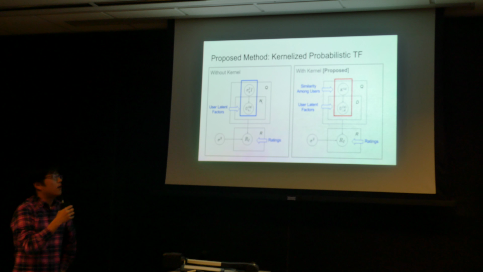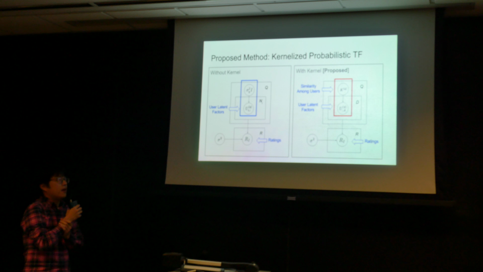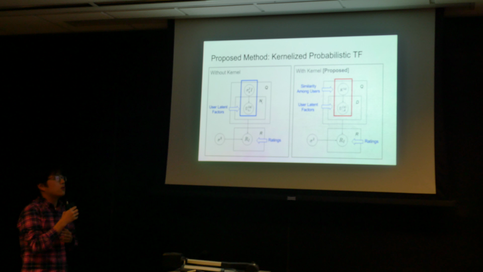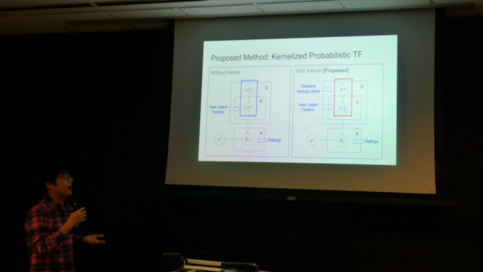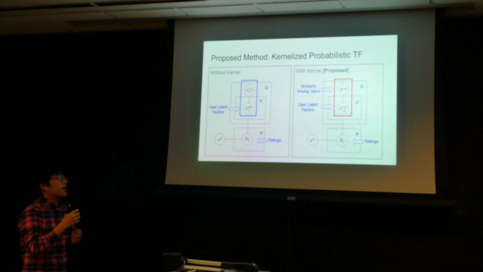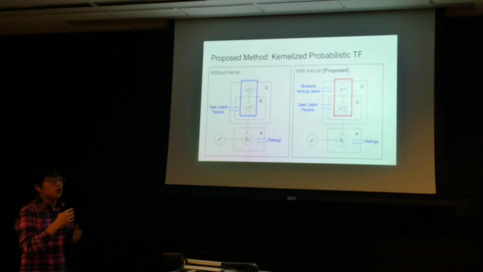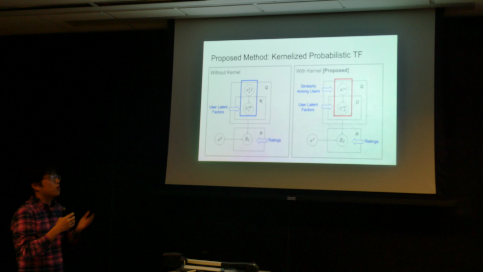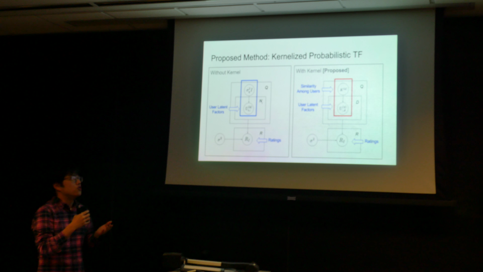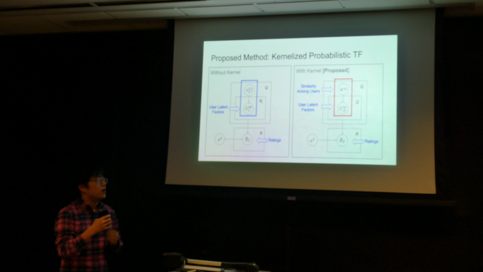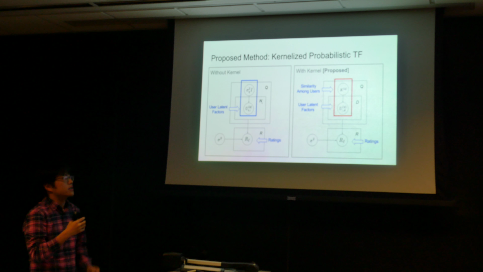One advantage of our method is that it can deal with the cold start problem. So let's imagine a new user without any rating data. In the previous method, we cannot estimate the latent vectors of the user at all. However, in the proposed method, we still can estimate the latent vectors of the user based on the kernel matrix, which measures the similarity between users.